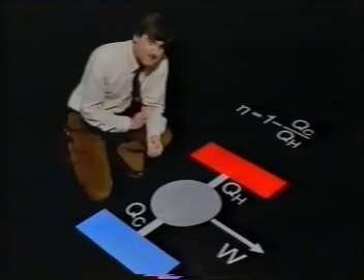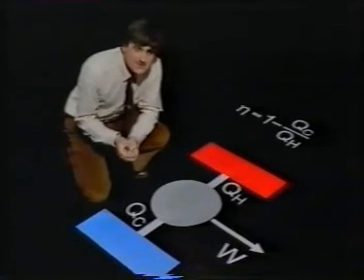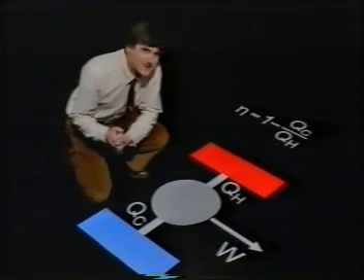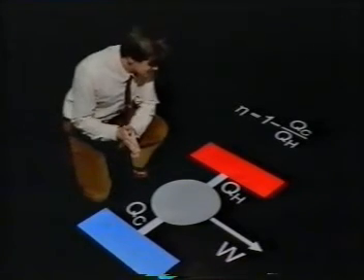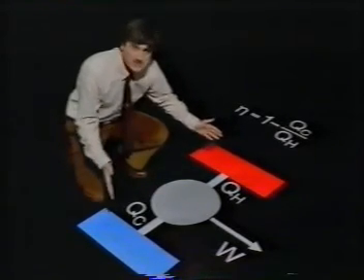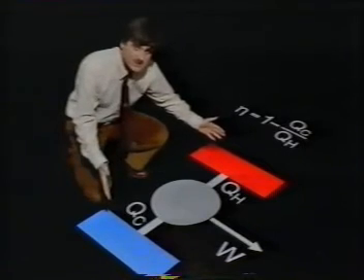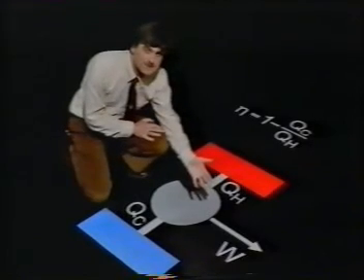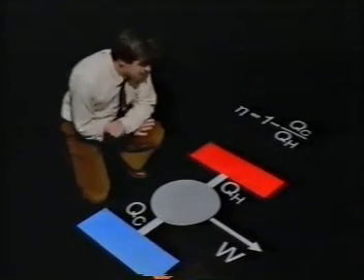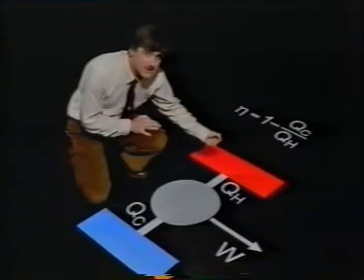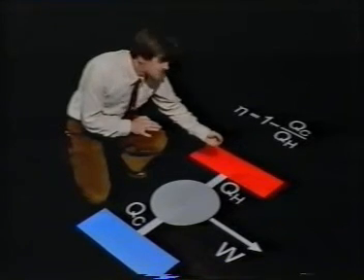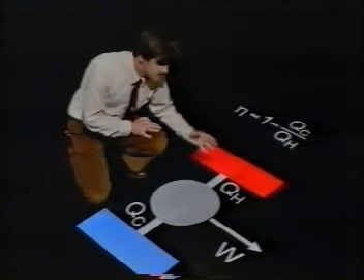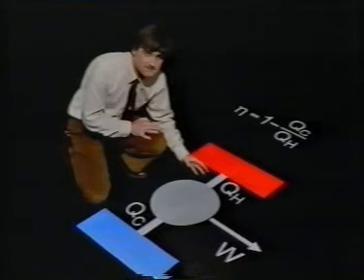Why? Well, we have to use a thermodynamic thought experiment. We've already seen that if we have two bodies at different temperatures, like these two reservoirs, we can always put in a Carnot engine and extract some work. Now, suppose that the temperature of this hot reservoir was higher than the temperature of the working fluid.